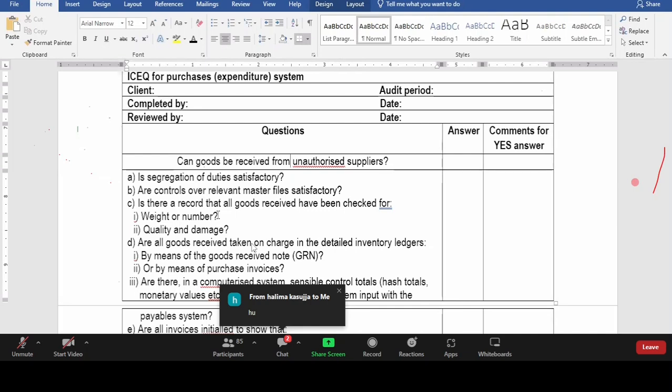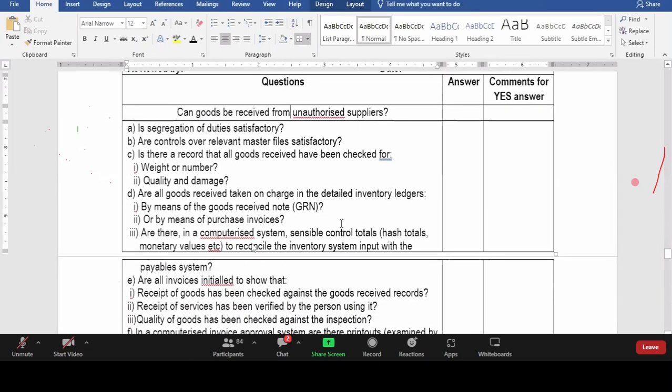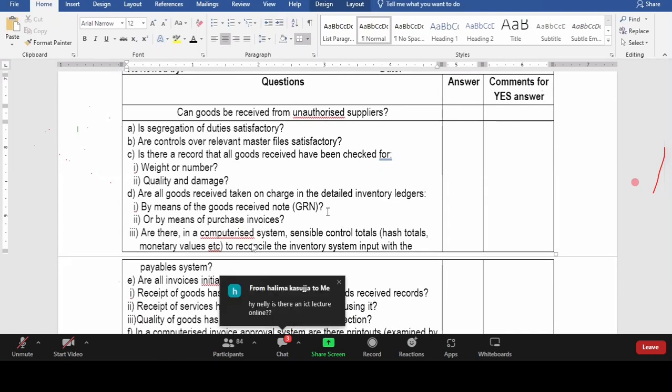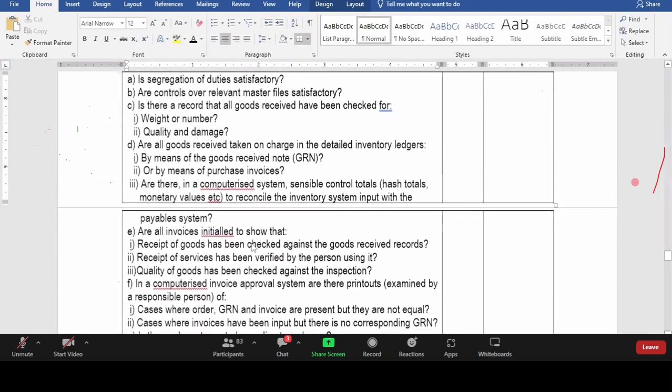The purchase order specifies the number, the weight, the quality, and the goods have to be checked. We have to count and check the quantity, and then prepare a goods received note. The goods received note is based on goods delivered with a delivery note.